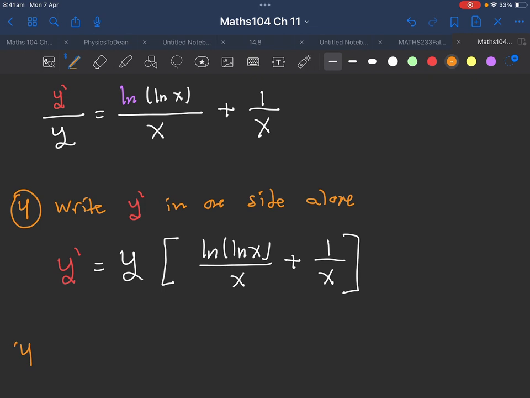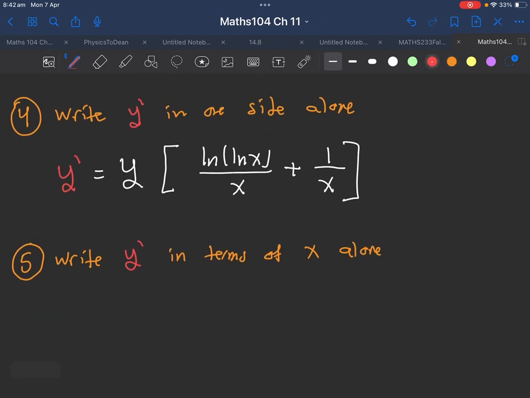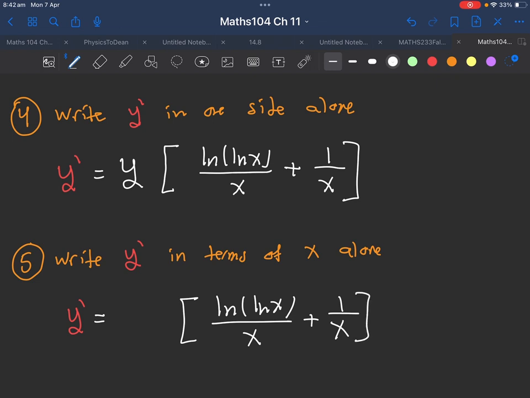Step number 5, write y prime in terms only of x. Write y prime in terms of x alone. Which means we will get y prime equal to, remember, y from the question, it was just x to the power of ln x.